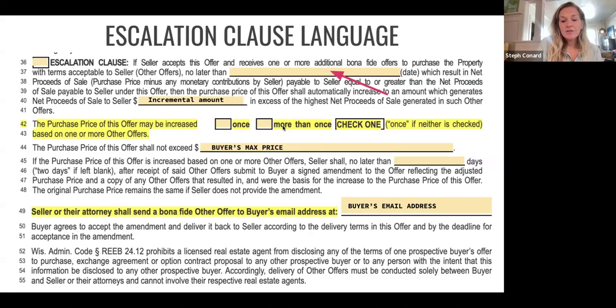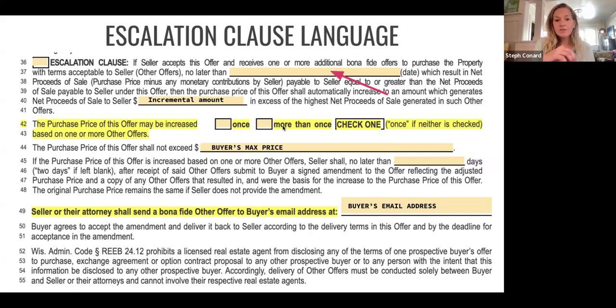The purchase price of this offer shall not exceed, and this is where you're going to put in that buyer's max price. So it's not a free for all. The buyer is going to identify, okay, I'm going to put in an offer of $200,000, but I'm only willing to go up to 225. So that's where you're going to put in on line 44, that 225 number.